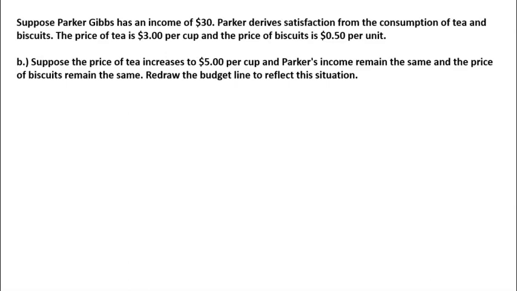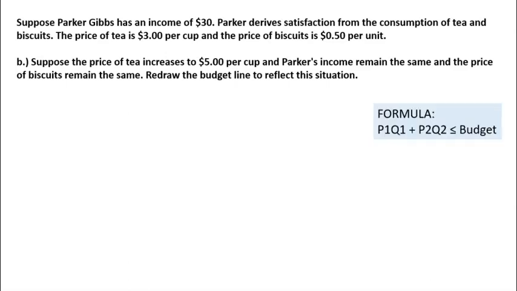So the only thing that has changed is the price of tea has increased here. So price of tea has increased to $5. All other things have remained the same. So they want you to redraw a budget line to reflect this situation.